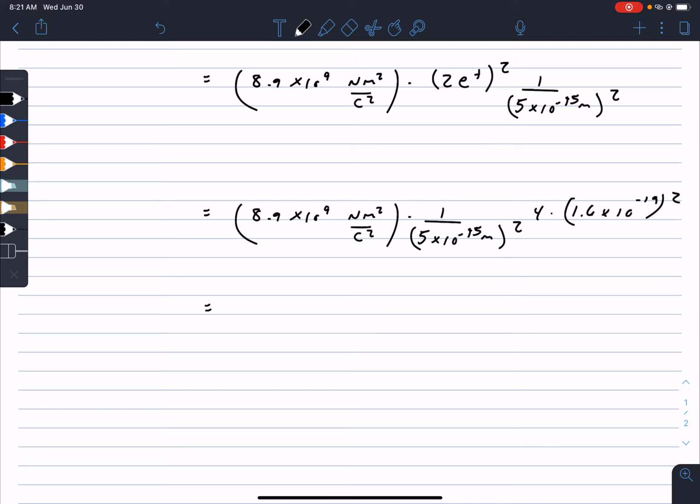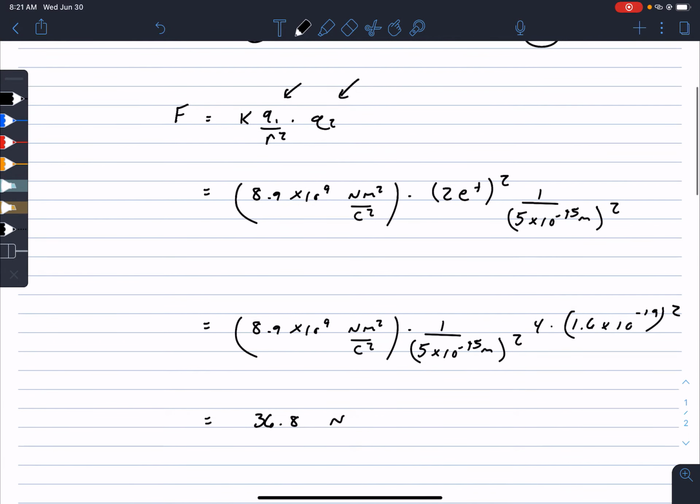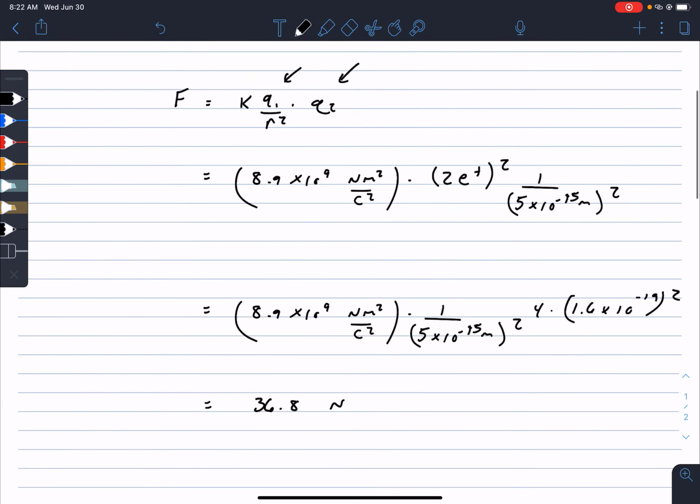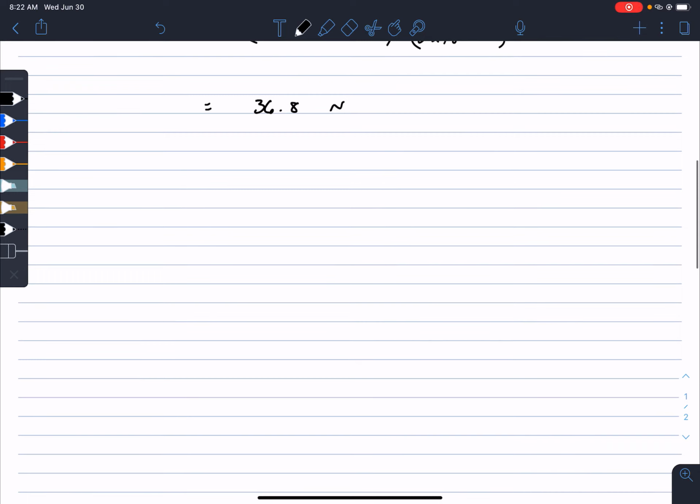Okay, so we plug all this in, we end up getting 36.8 newtons. Fairly straightforward. So remember, the main thing to remember here is we have an electric field, but we want to know the force between the two charges, so we multiply by the other charge over the distance between them, right? Next problem.